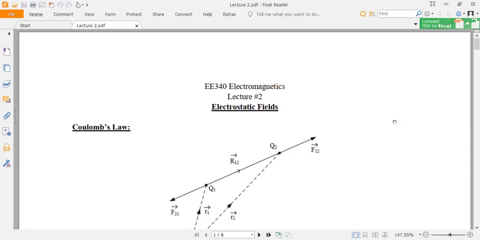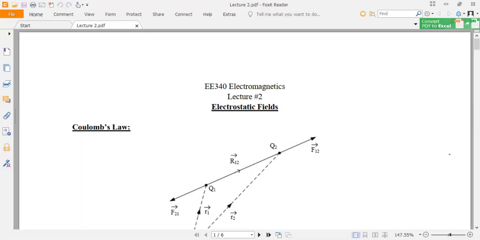You are going to use the surface integrals, the volume integrals, and also the divergence theorem, Stokes' theorem, and also the curl, all these things. So this will be a review for you, as we are going to use all of them in our course. Okay, so now let's start.